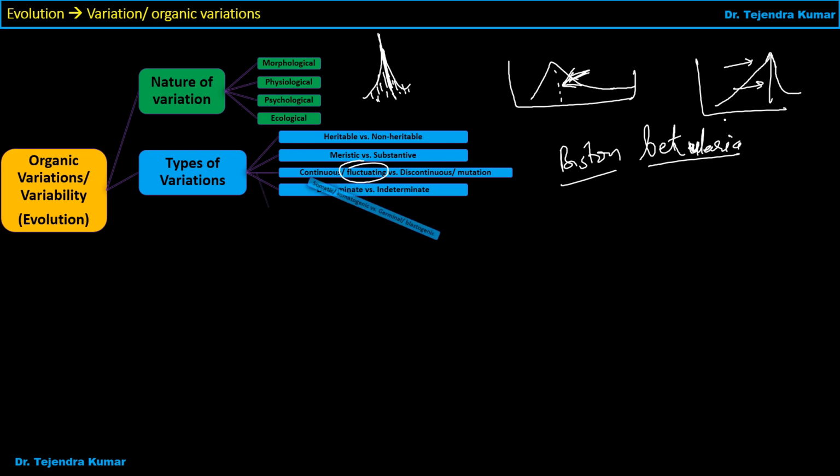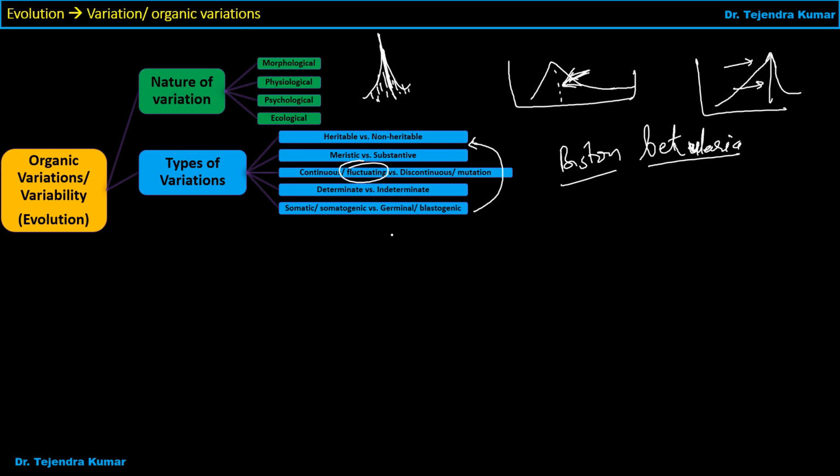Next, somatic or somatogenic, or germinal or blastogenic. These are actually similar to heritable or non-heritable types of characters or variations. I can just skip this, because you know very well that this is commonly seen.